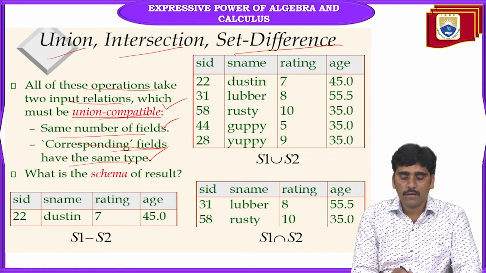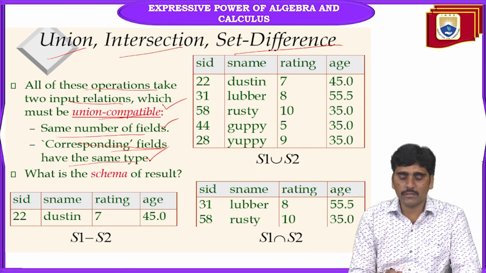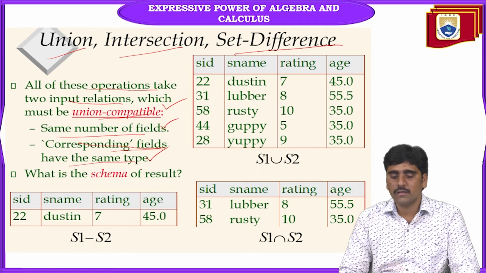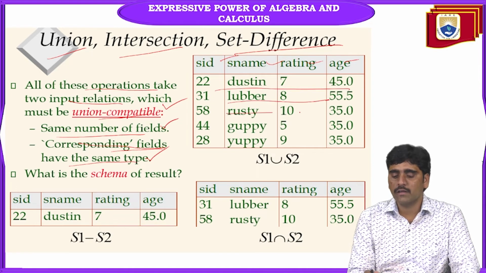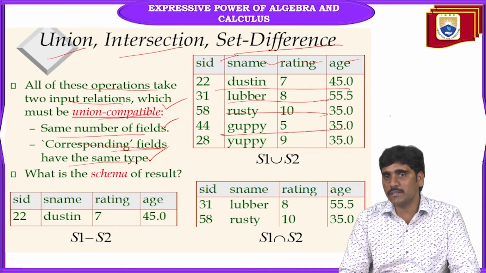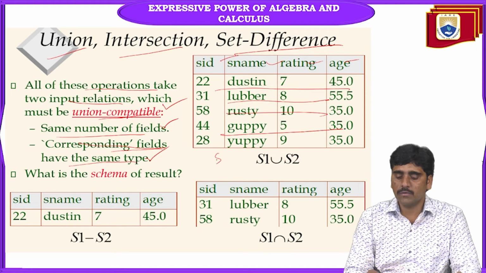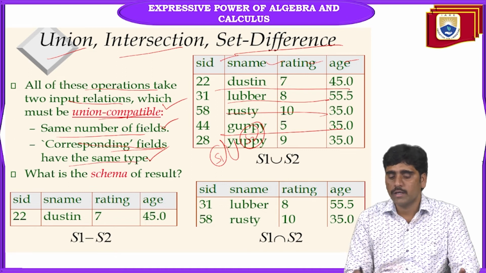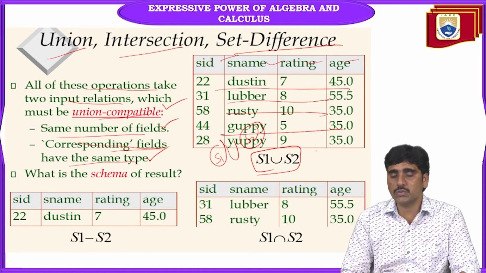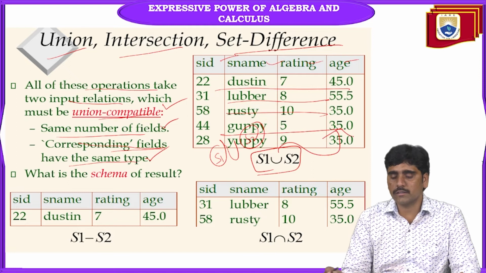So now we'll see. We have some tables here: SID, SNAME, rating, age. From these, all the different tuple values are there. When we represent these tables, the S1 table and the S2 table, and then perform a union operation on these two tables, it represents S1 union S2 and displays the result like this.